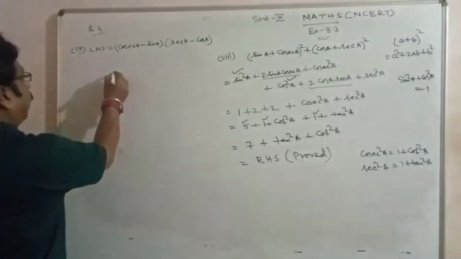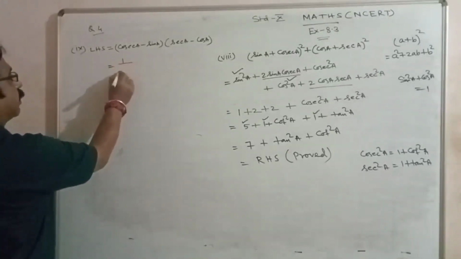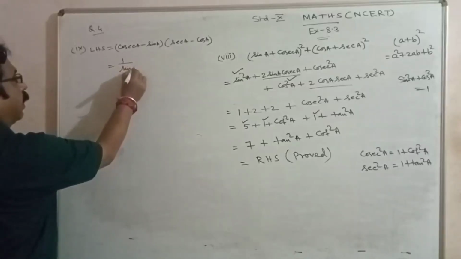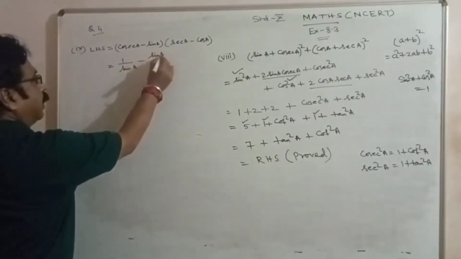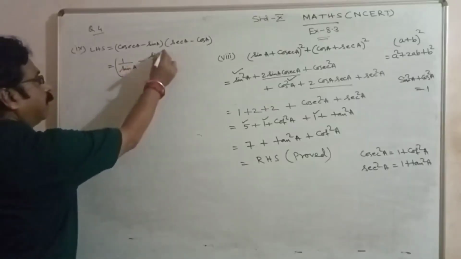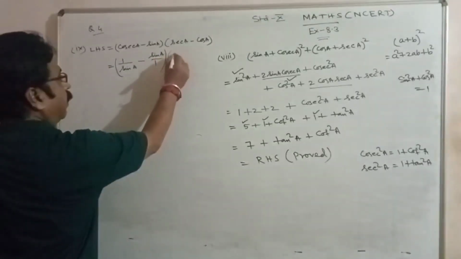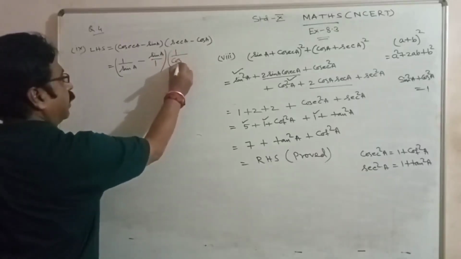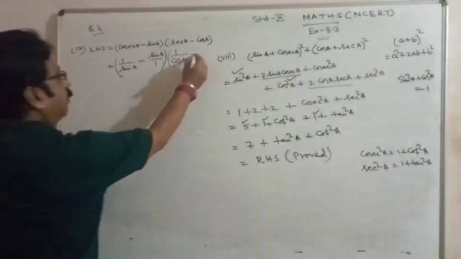Let us simplify. Cosec A means 1 upon sin A. We can write sin A upon 1. Sec A is 1 upon cos A. And here we can write cos A upon 1.